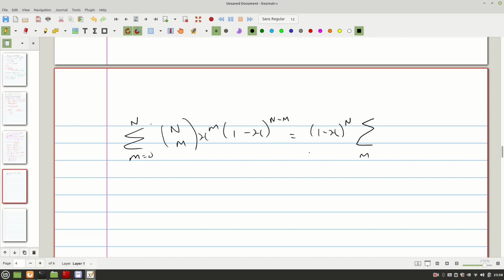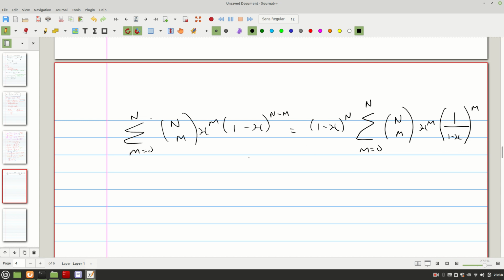Here I took out 1 minus mu to the n. Right, so this is where we are. So I just took out 1 minus mu to the n and we're left with this.